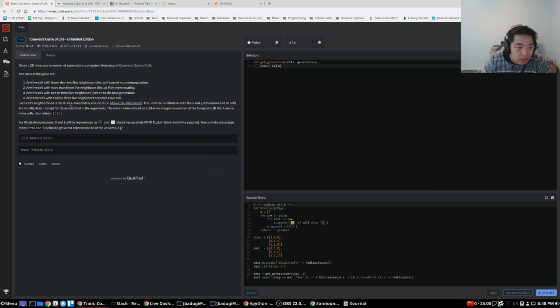Each cell's neighborhood is the 8 cells immediately around it. The universe is infinite in both x and y dimensions, and all cells are initially dead. Okay, the return value should be a 2D array cropped around all of the living cells.